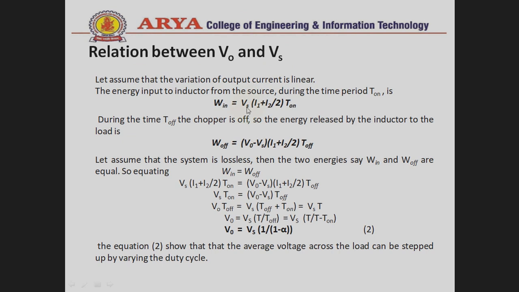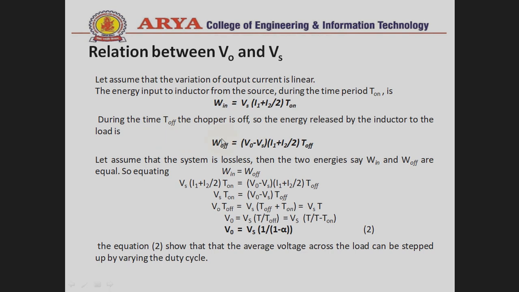So input voltage is VL, because during the time T on the inductor stores the energy, that means Vs is equal to VL, and average current through inductor is (I1 plus I2) divided by 2, and this equation shows the energy stored by inductor during the time T on.